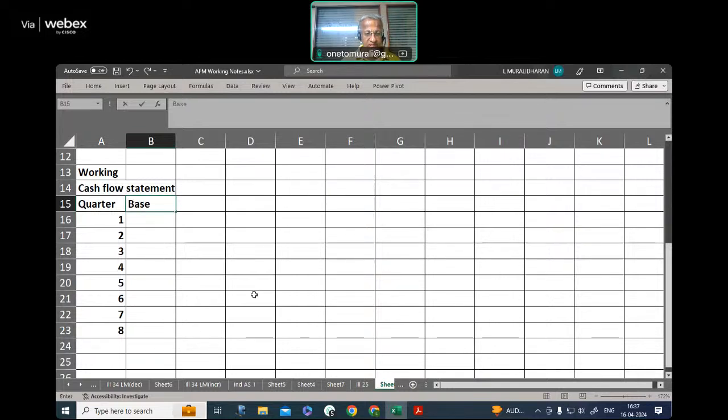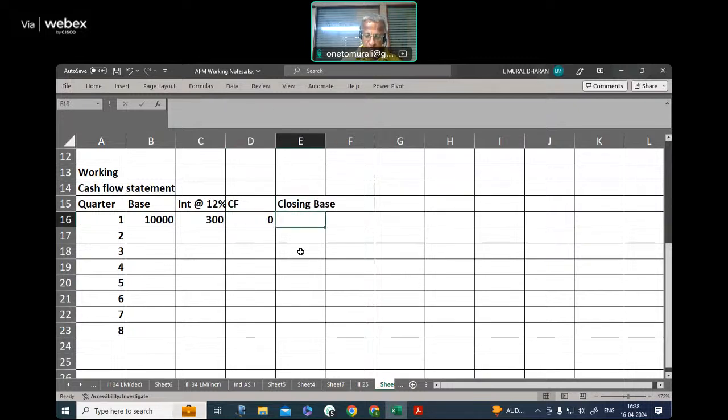Base is 10,000. Interest at the rate of 12%, this into 0.12 divided by 4. Why divided by 4? Because it is quarterly interest we are taking up. Then cash flow, then closing base.